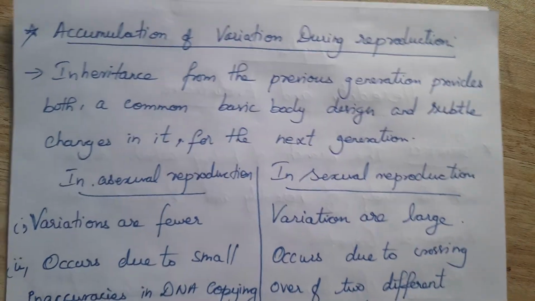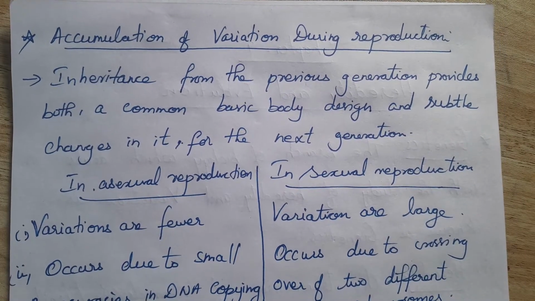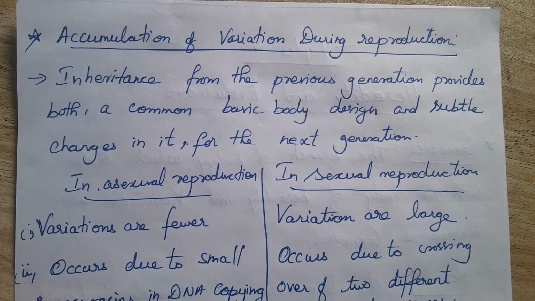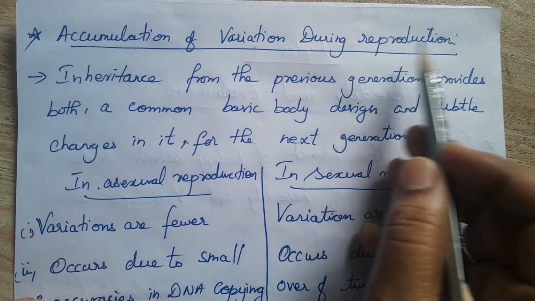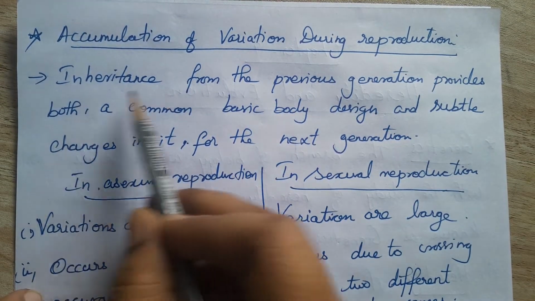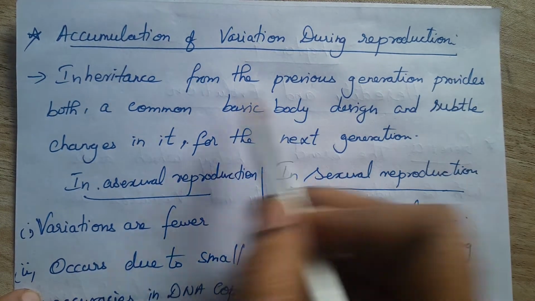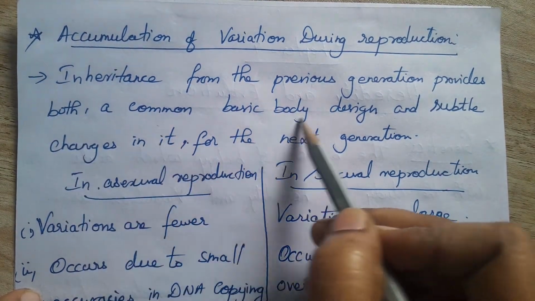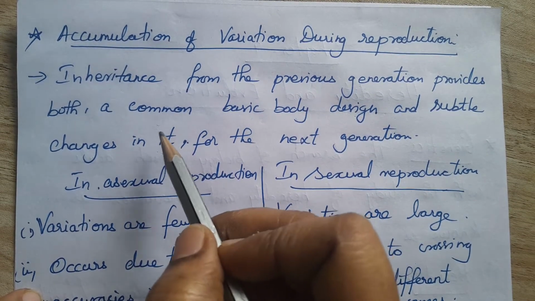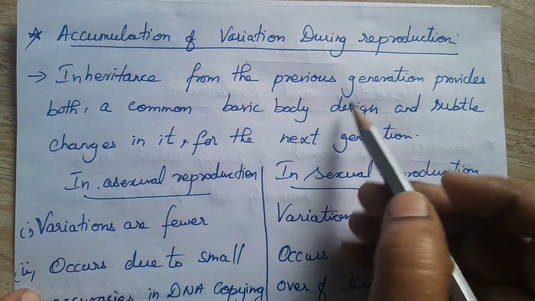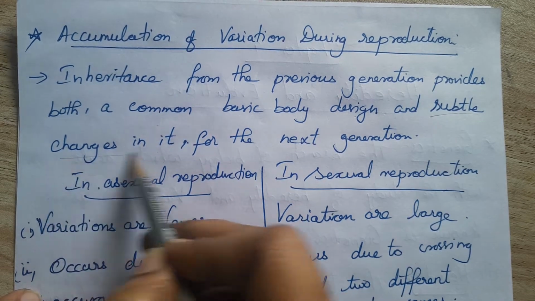So accumulation of variation, you know that this accumulation of variation only leads to evolution, right? So accumulation of variation during reproduction. The inheritance from the previous generation provides both a common basic body design and subtle changes in it. From one generation to another, we can see only subtle, small changes.